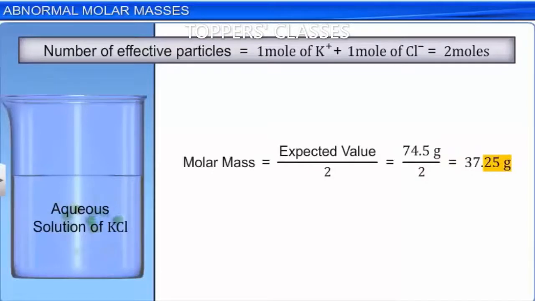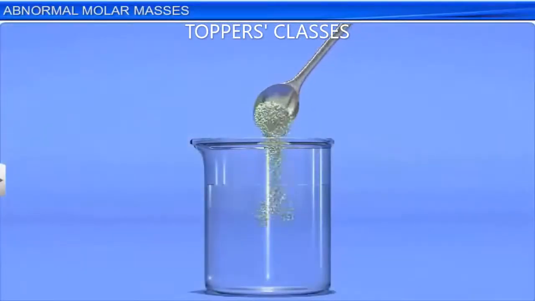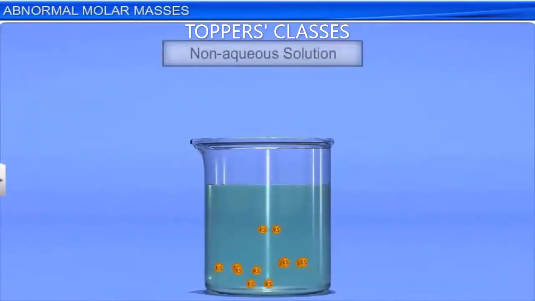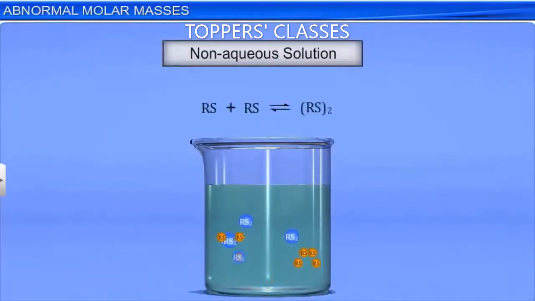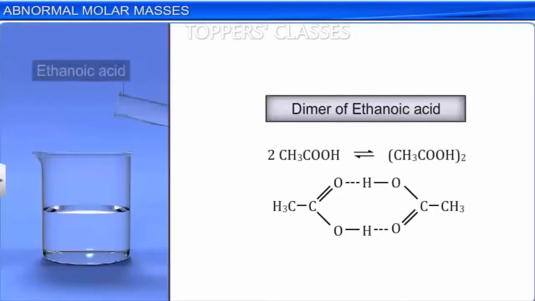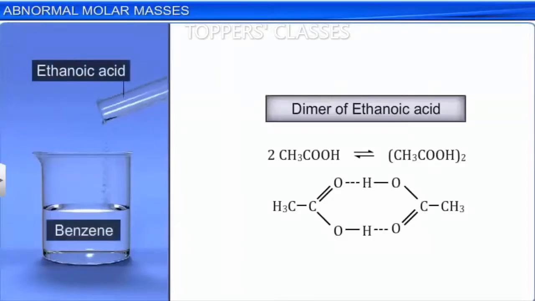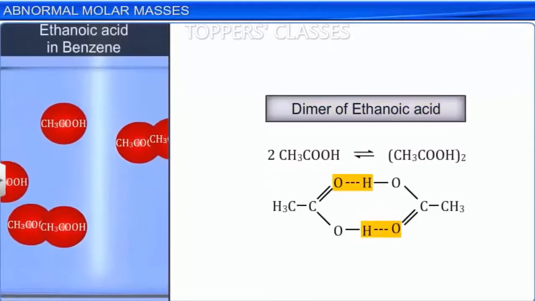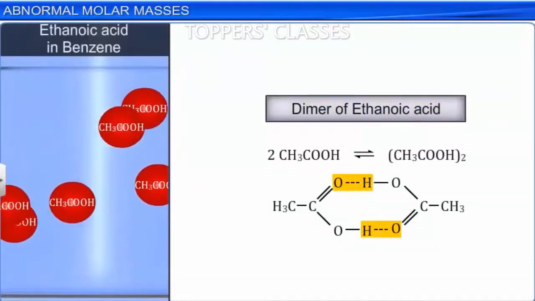Similarly, there are many organic solutes that undergo association in a non-aqueous solution. That is, 2 or more molecules of the solute associate to form a bigger molecule. For example, ethanoic acid in benzene exists as a dimer due to hydrogen bonding. Thus, the number of effective molecules or particles in the solution decreases.